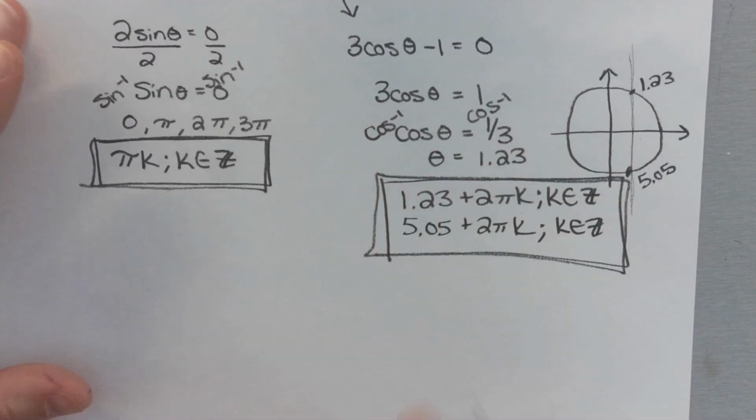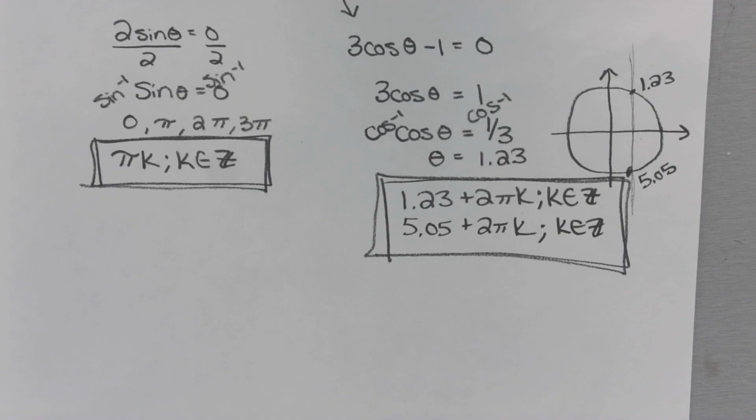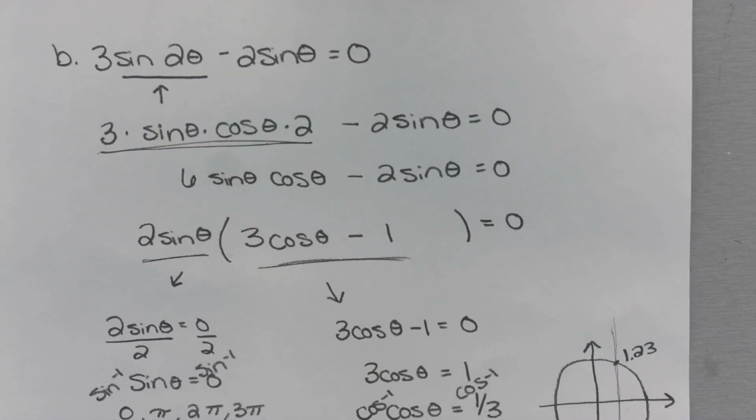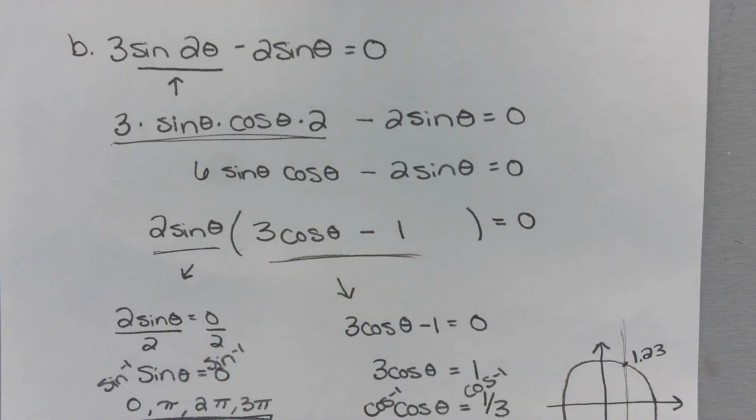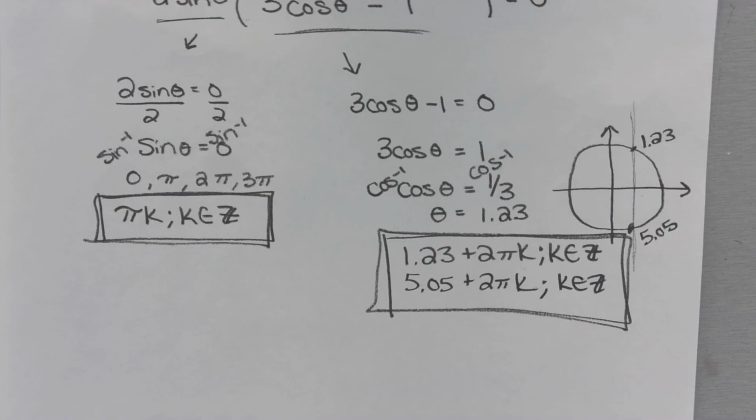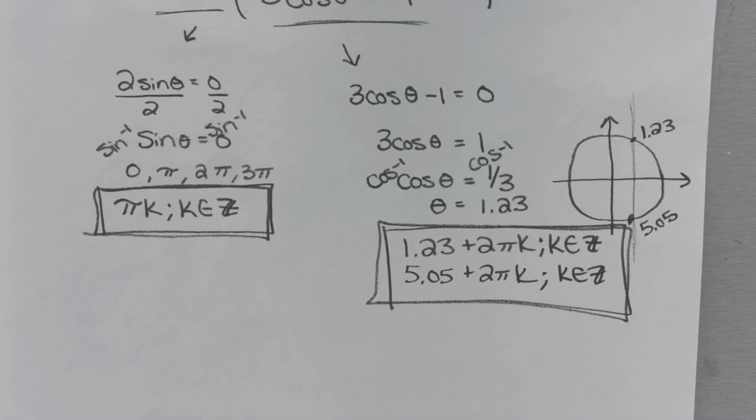Let's take it way back for a second. If I took this value, or this value plus 2 pi, and plugged it into the original equation, it should make it equal to 0. So could I check my work? It wouldn't be the easiest, but I could. Keep in mind that's still an option, to go back and check your work.